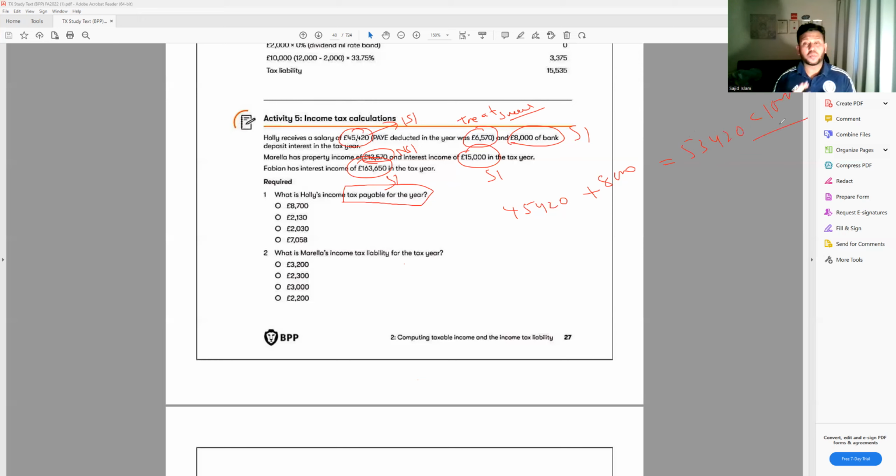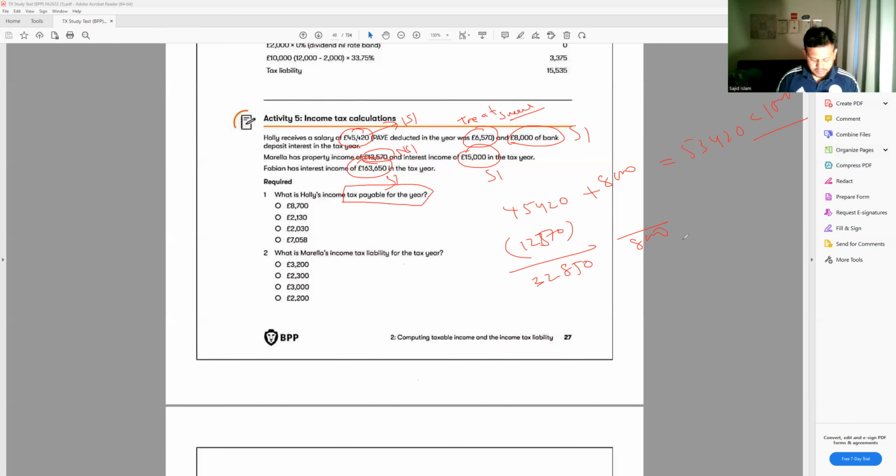That means I have my full personal allowance. The reason I always add this is to see whether my personal allowance will be reduced or not. I have no problem with that, so I get the full personal allowance, and I minus the personal allowance from my non-savings, 12,570. That tells us my remaining taxable income for the non-saving, 32,850, and here I have 8,000.